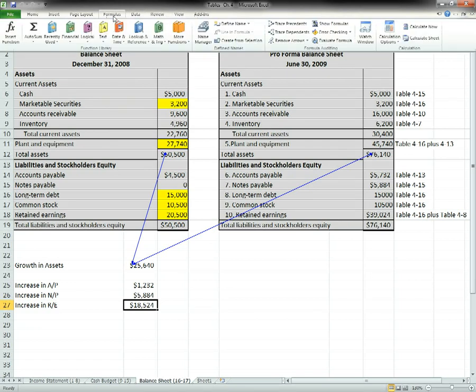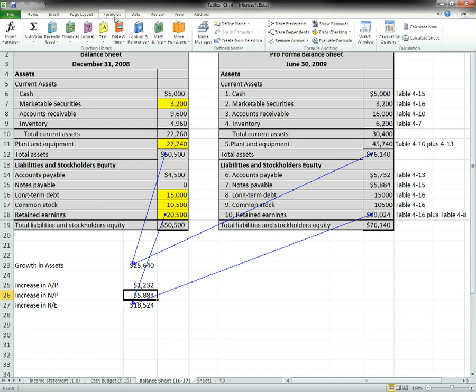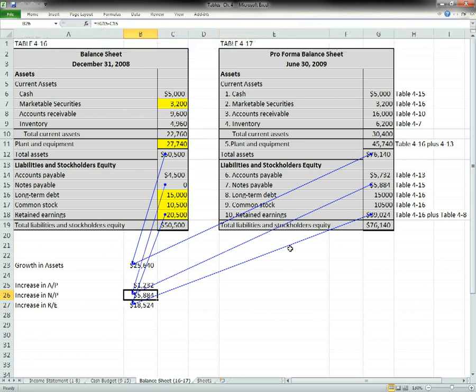So our retained earnings increased by 18,524. Our notes payable were zero to start with. Now they've grown to 5,884. And we also financed the growth partly through our suppliers.